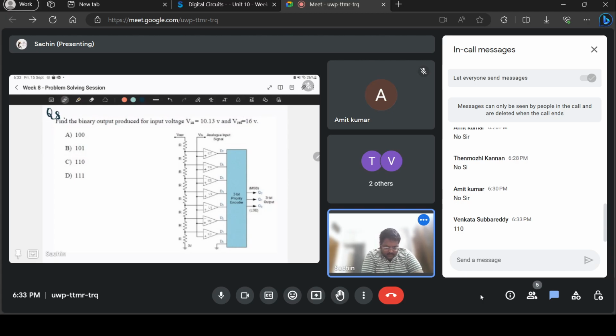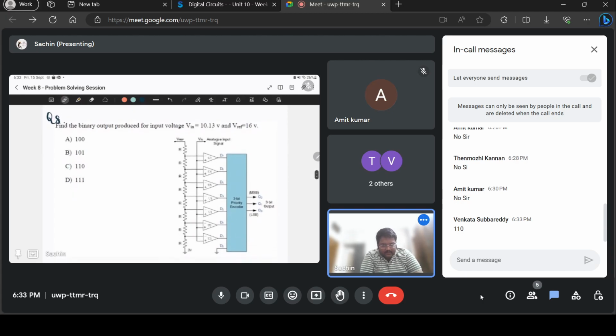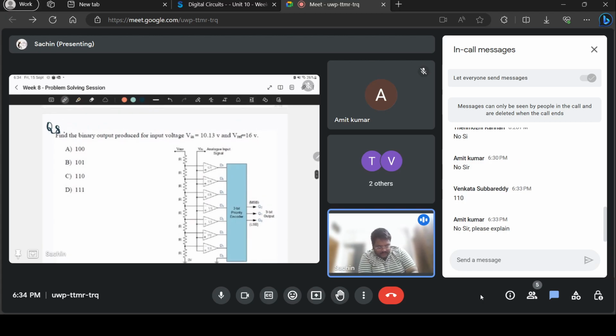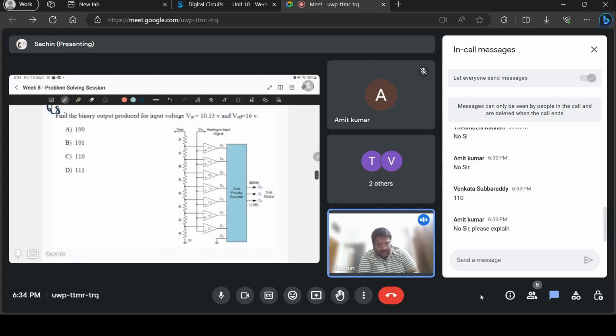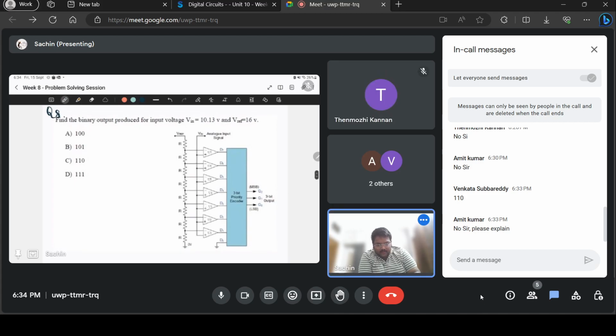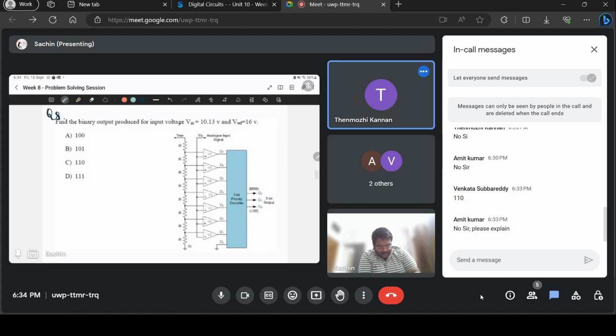I'll give them 1 more minute. Okay. What about you, Kannan? Do you know how to solve? Do you want me to give you time to solve it? Okay. What should I call you?